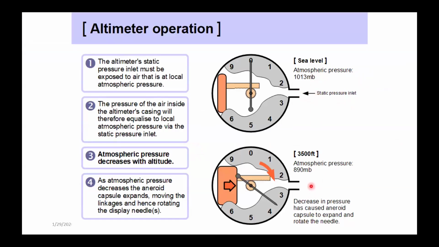Let's take it up to 3,500 feet. The pressure drops to 890 millibar from 1013. The capsule expands, and that causes the pointer to move to indicate the new altitude. So the decrease in pressure has caused the capsule to expand, and the gear train causes it to move the needle.